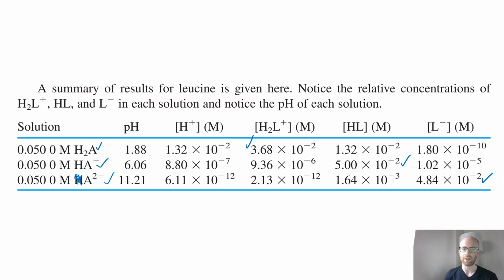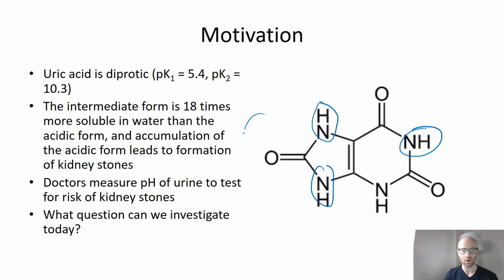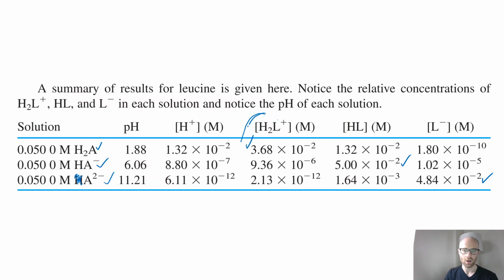More importantly, though, is when you're looking at the data as it's organized on the table, we can actually look at all of the H2L species at once. And what we can say is as the pH increases, the amount of H2L decreases in the same 0.05 molar solution.